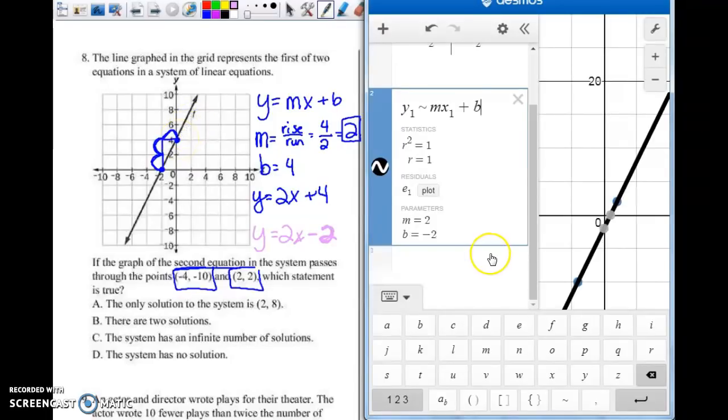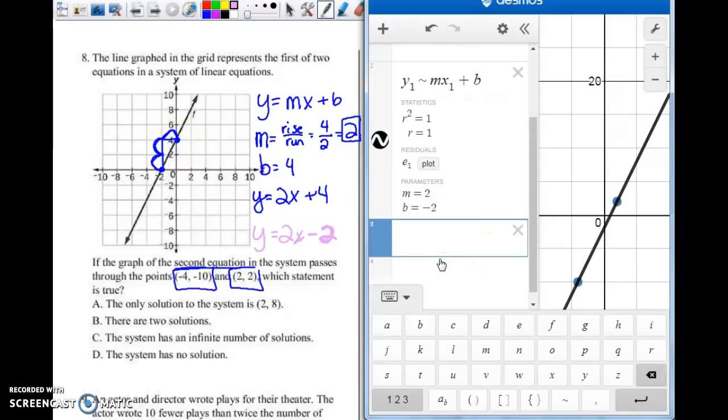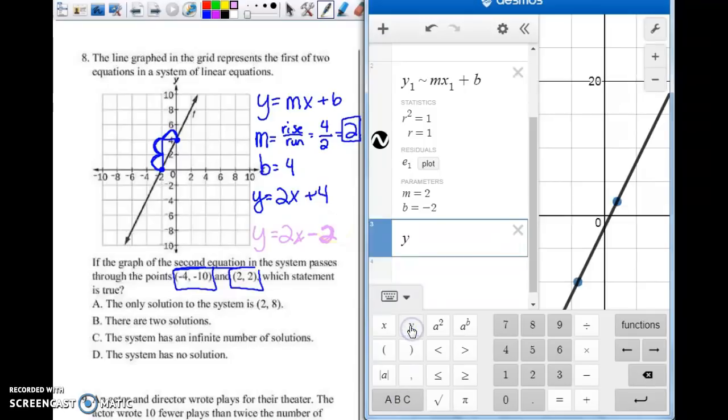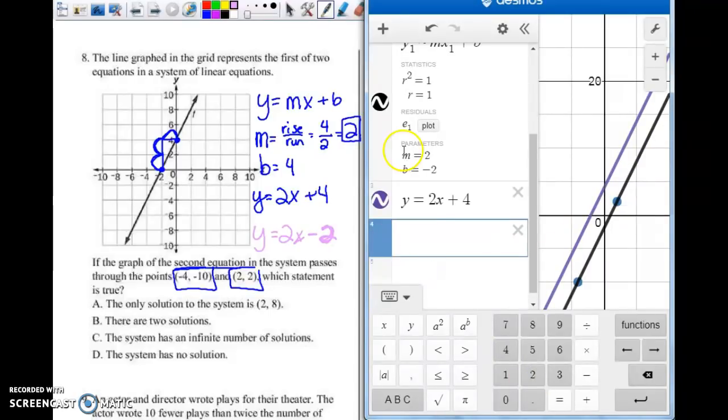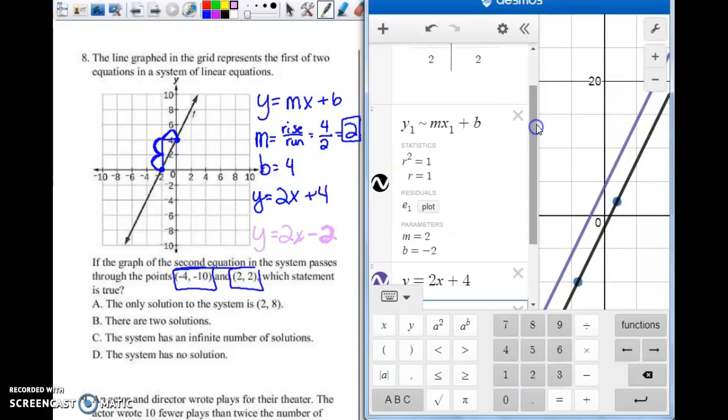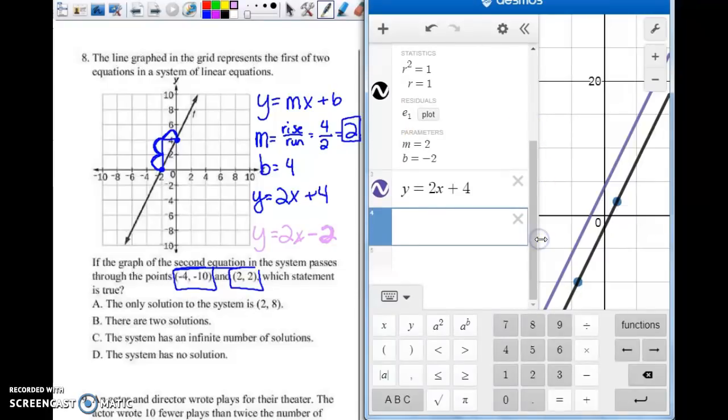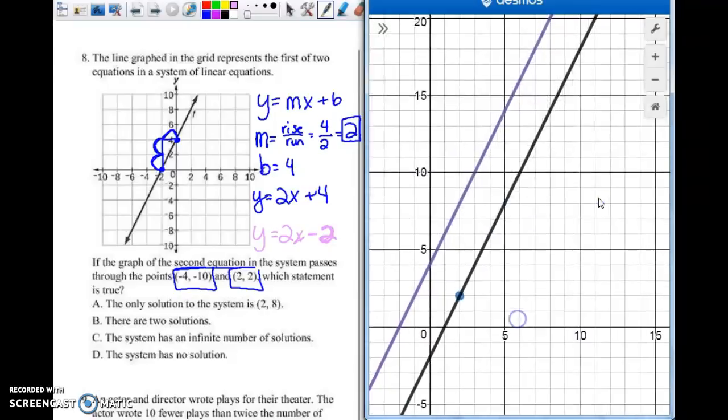But I want to see it here on my calculator. So I'm going to type in this equation, y equals 2x plus 4. Whoops. And the second equation, which they already gave us, was this black line right here. All right, so they gave us both of them.